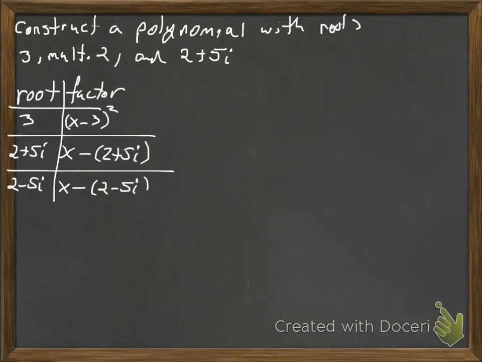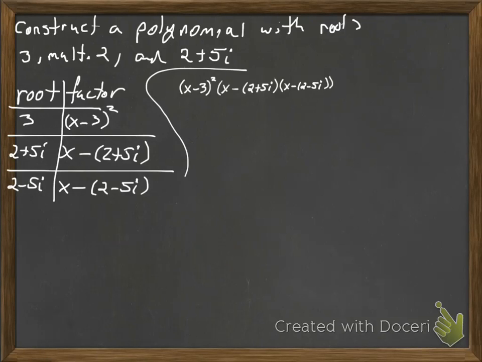Okay, and we're going to go ahead and multiply that all together. So x minus 3 squared, and then x minus 2 plus 5i, and then x minus 2 minus 5i.